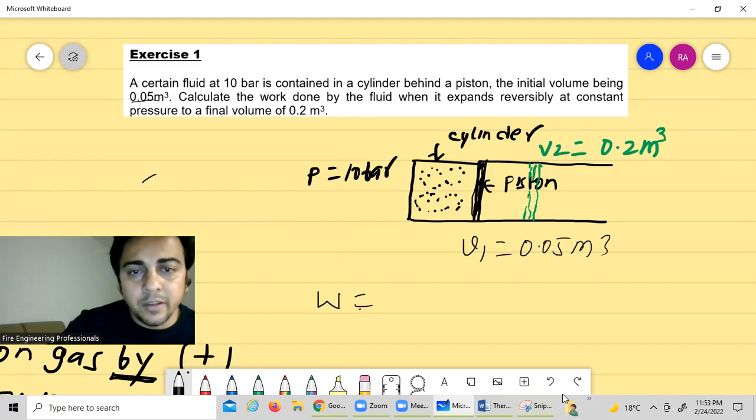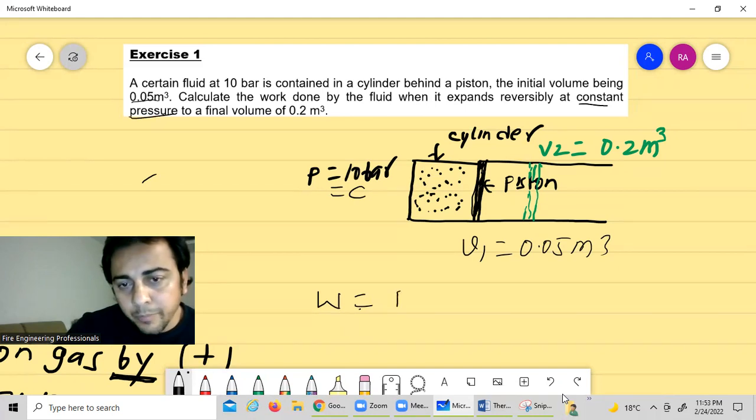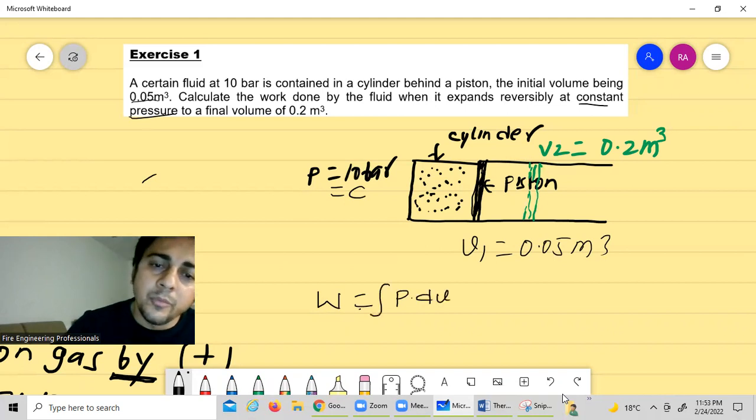Pressure is constant, it's mentioned in the question. For a constant pressure, we can say work done equals the integral of P dV from point 1 to 2.